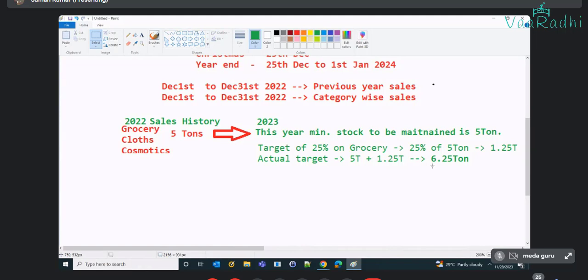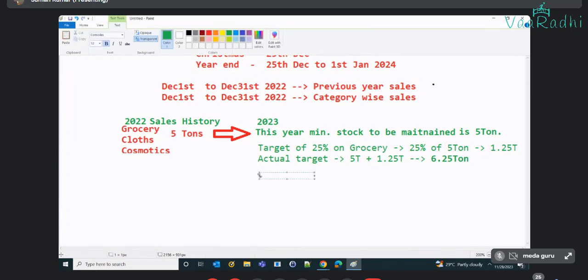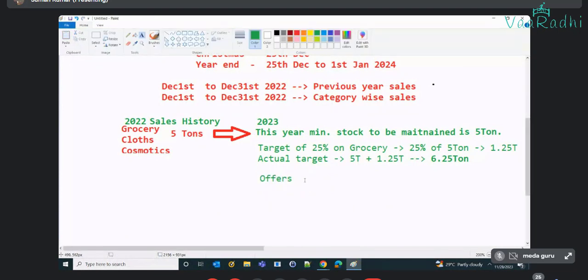The workers in the supermarket will come with some ideas. Okay sir, we will target 6.25 tons, but we need to provide some offers.